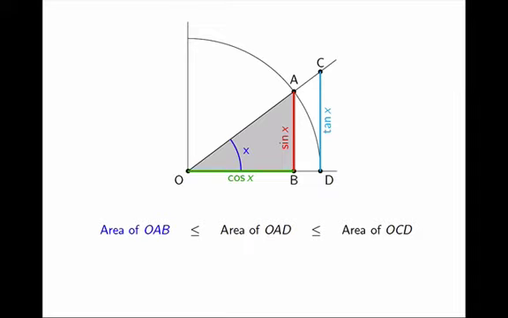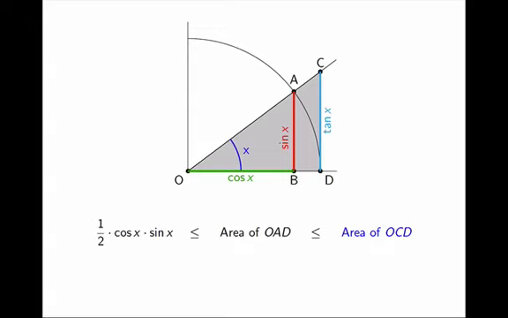We know that the area of a triangle is 1/2 of base times height. So in this case, the area is 1/2 of cosine of x times sine of x. Next, let's look at the big triangle. Again, the area is 1/2 of base times height. In this case, the base is 1 because that was the radius of the circle, and the height is tangent of x.